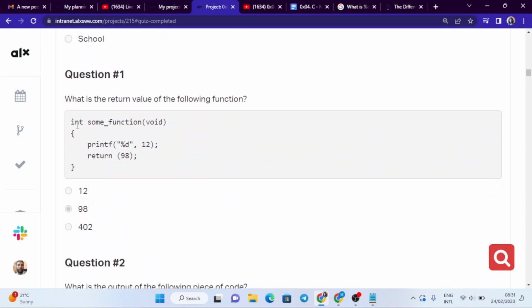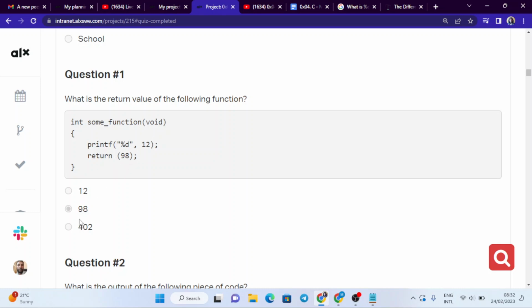And the other, in some functions, is void 12, the percent of d. So we return 98. So the output is rather 12. When the output is 12, we should return 98.